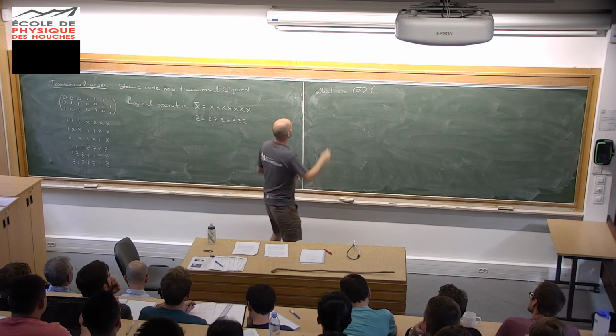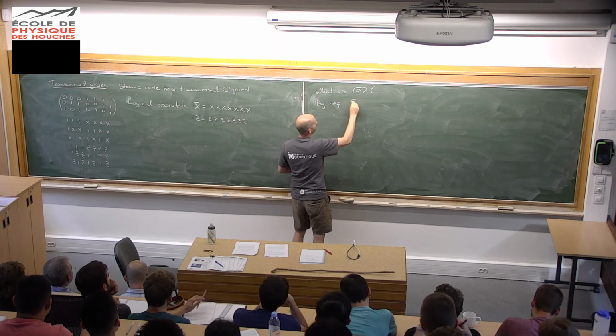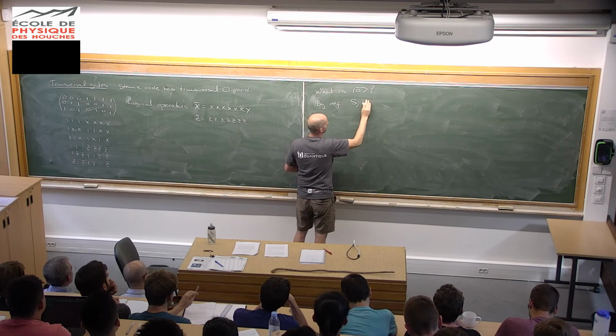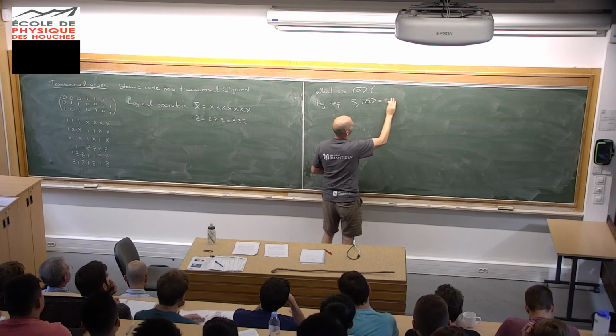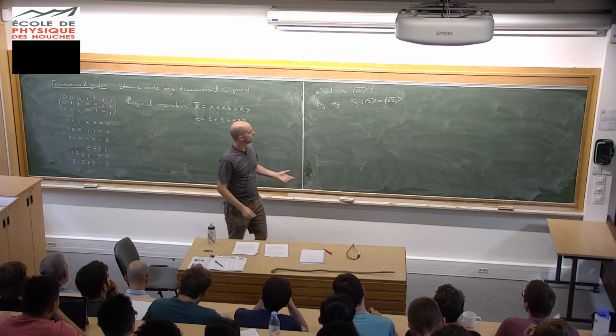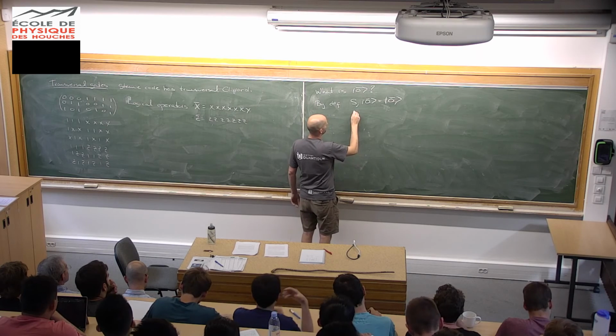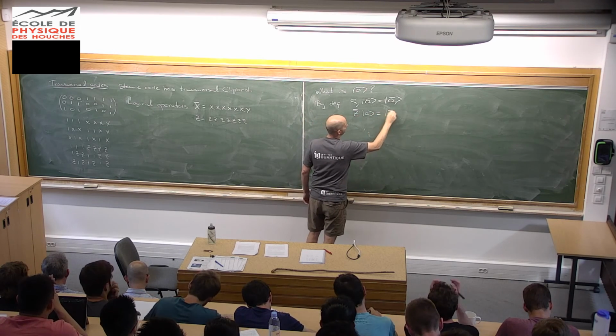So by definition, I should have Sj 0 bar equal to 0. Sorry. Right? It should be in the code. And second, I should have Z bar 0 equal to 0.